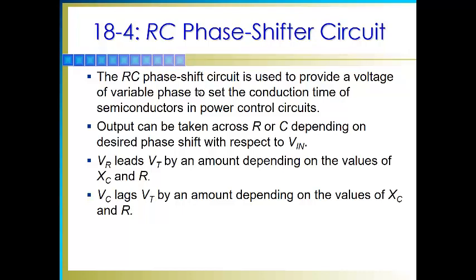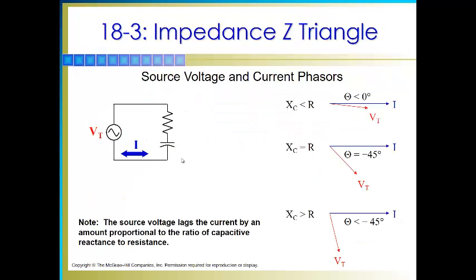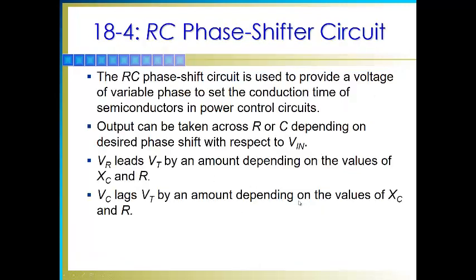So the voltage on the capacitor always lags the total voltage by an amount depending also on the reactance and the resistor. So if we go back over here, these are the values that will determine by how much the total voltage is going to lag the current.